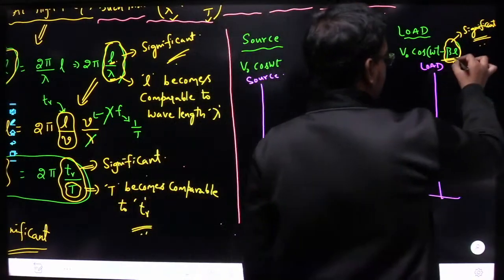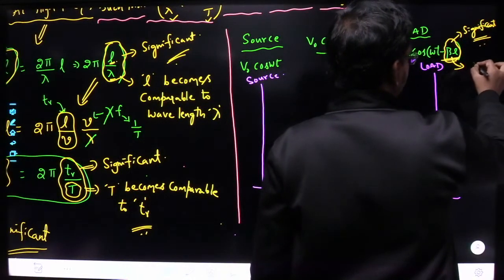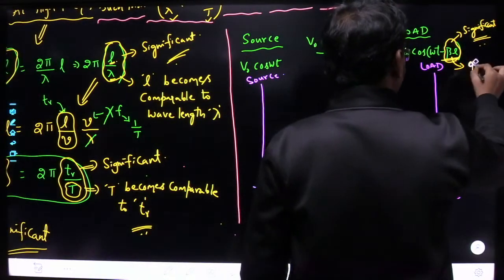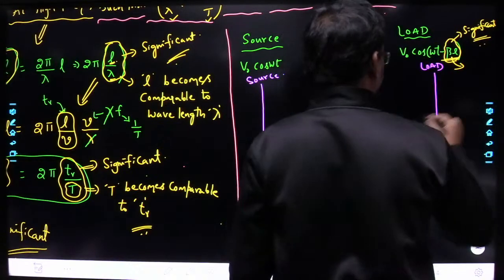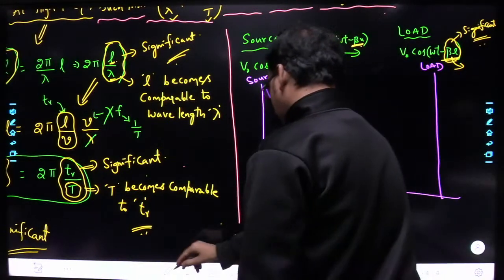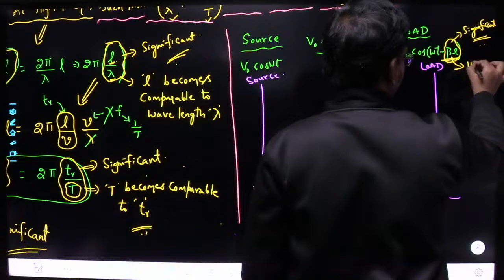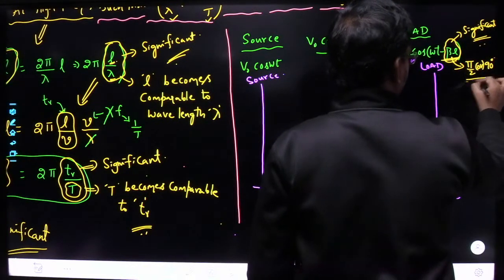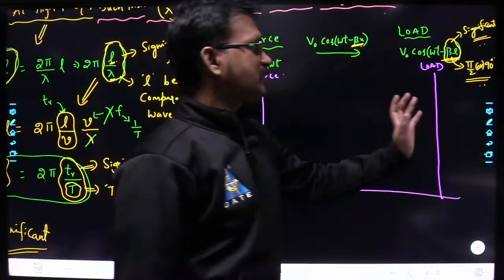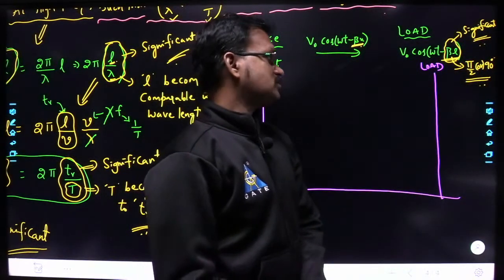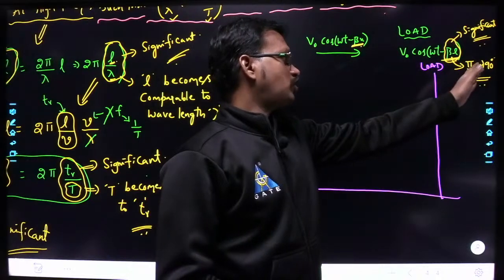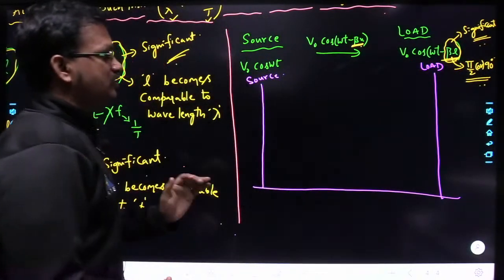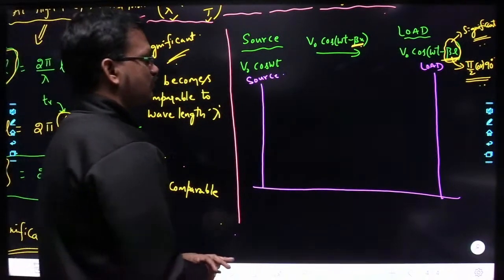Let us assume that this significant value of beta L is equivalent to pi by 2, or you can say 90 degrees. Now it has become significant, so let us take the beta L value as pi by 2 or 90 degrees. Understood? Now in this case, see what will happen.